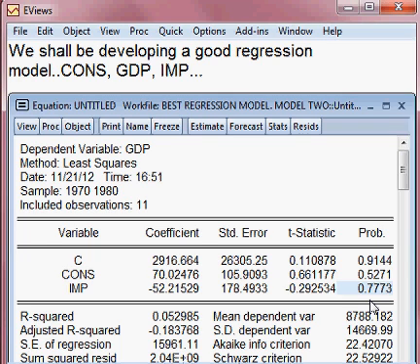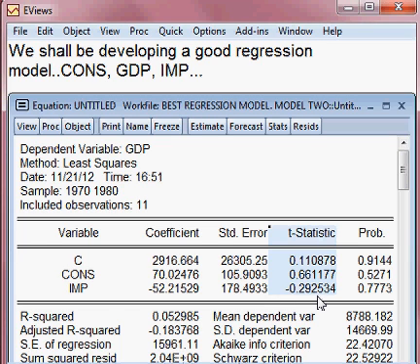But here is one thing. The one thing is that absolute t statistic means there is no negative sign or positive sign, absolute value.